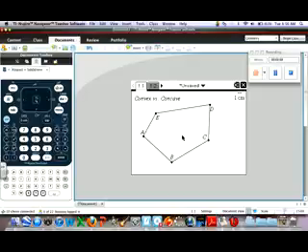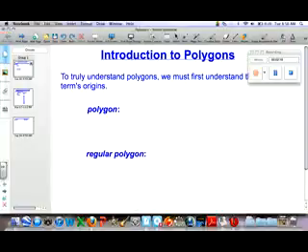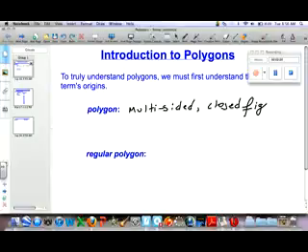Now, normally when we do a lot of polygons within geometry, we actually talk about regular polygons. A regular polygon is unique. If you really want to define a polygon, it is a multi-sided closed figure.